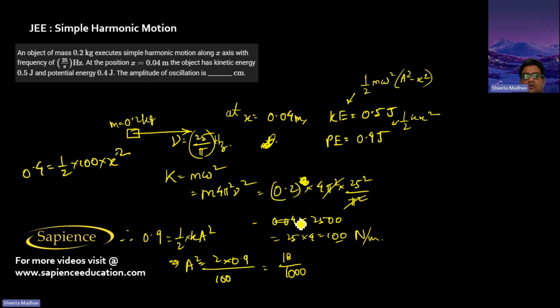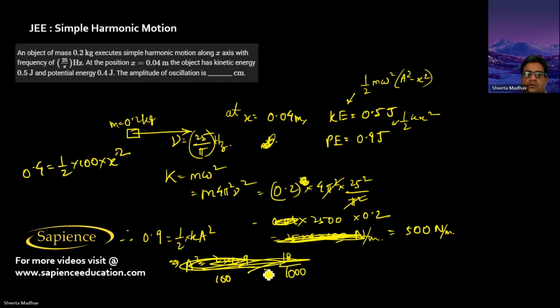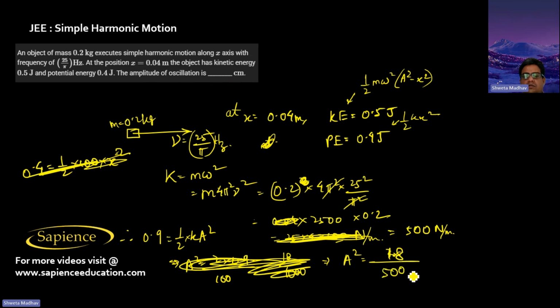So this will be 0.2 into 2500, that is 500 Newton per meter. So the k value is 500. So the earlier value was wrong. Now a square will be equal to 2 into 0.9, that is 1.8, divided by k, that is 500.